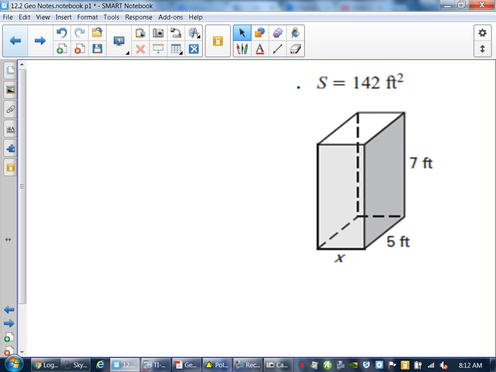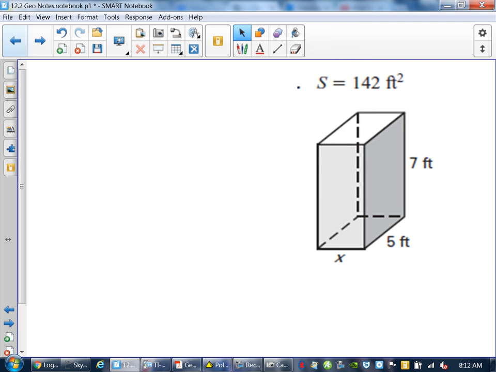So a lot of times what you want to do is pick the part in the formula that will be the easiest to solve for. In this case, what do you think we should call the x? Should we use it as a base, a height, part of the perimeter, or just how far apart the two bases are? Height. Yeah, the overall height, like how far apart they are. I would do that for this one because then you can do everything else except for that.